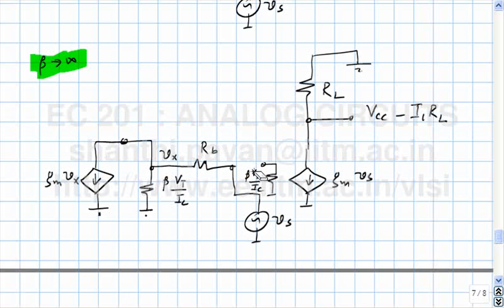And if beta tends to infinity, all these guys go away, and you are left with the same old, same old. What is the incremental gain? Minus Gm RL. You understand?